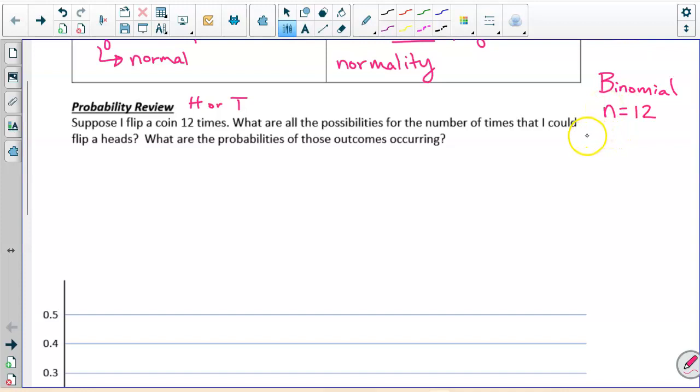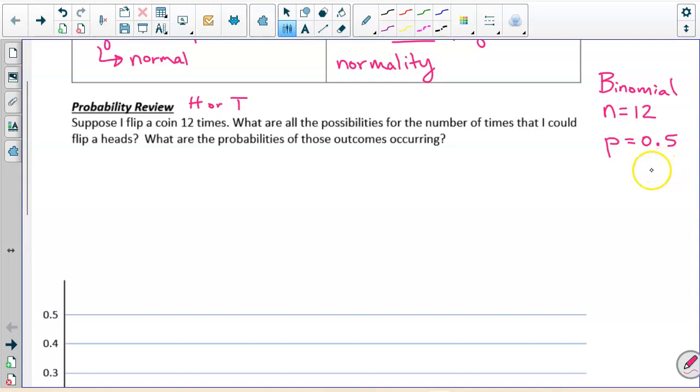What would be the probability for each individual one of flipping a heads? 0.5, 1/2, yeah. So P, which is my probability of success, is going to be 0.5, right? Each of my flips are independent, so I'm either going to flip a heads or a tails. 1 out of 2 will be heads, right?